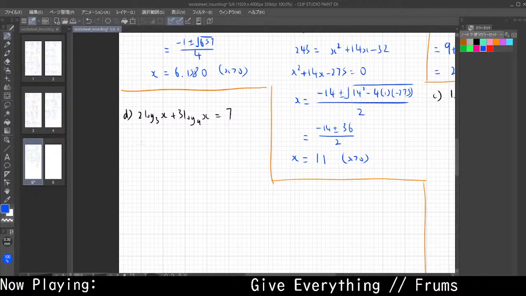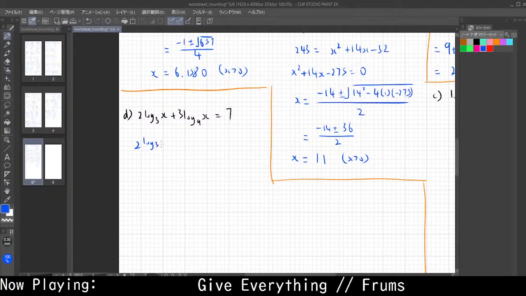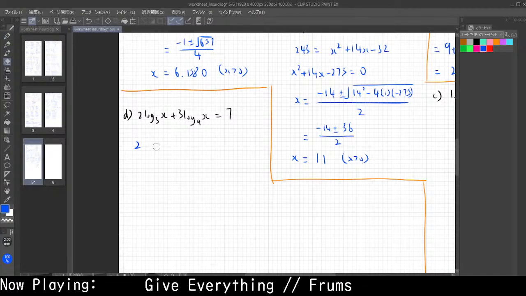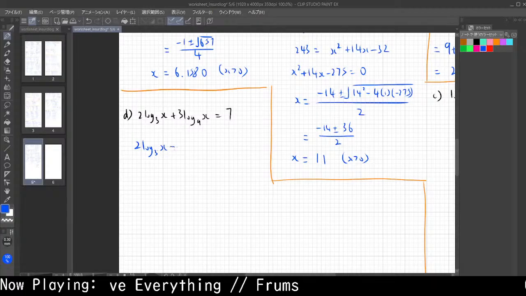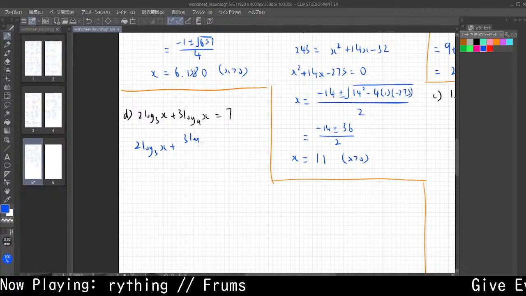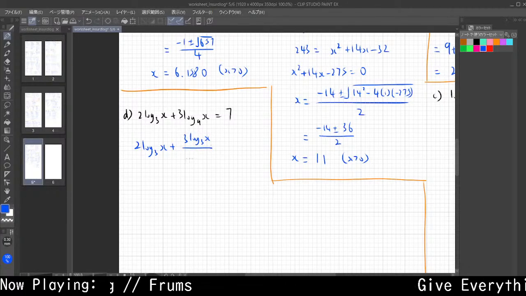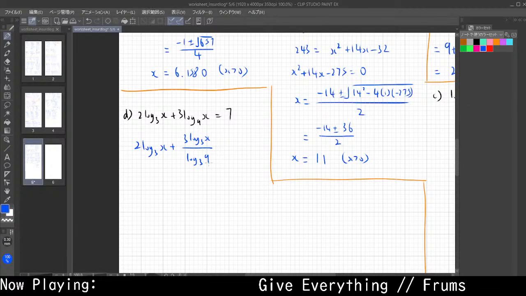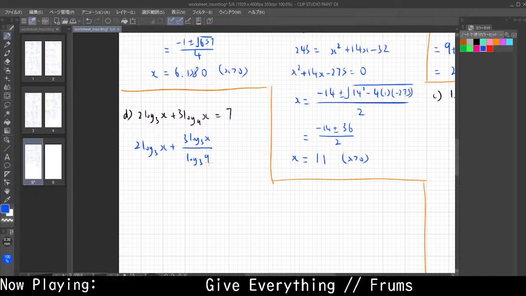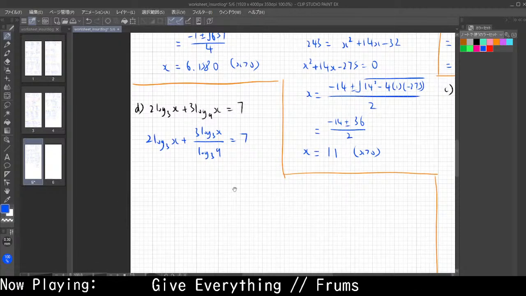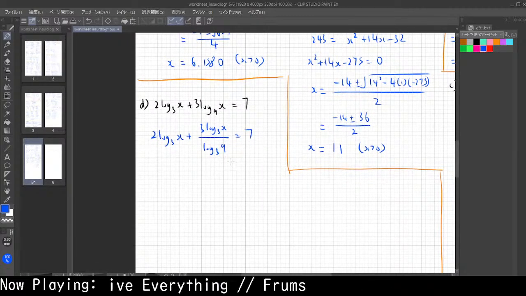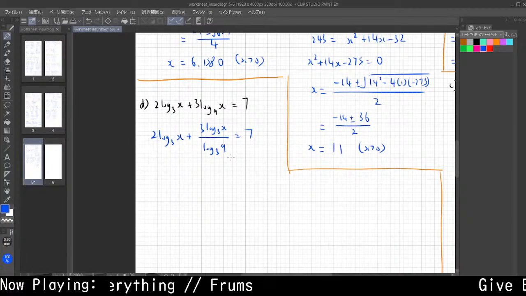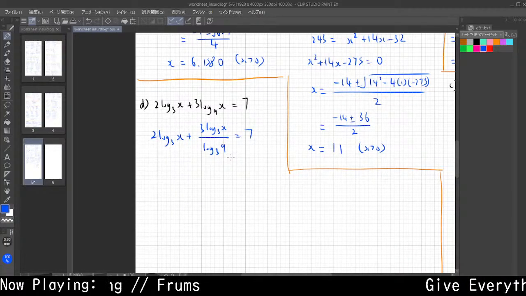You will get 2 log base 3 of x plus 3 log base 3 of x over log base 3 of 9, equals 7. The number in front of the log can go to the top because of multiplication. Log base 3 of 9 is 2.